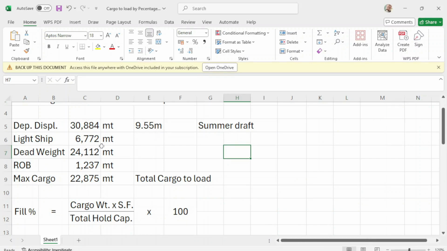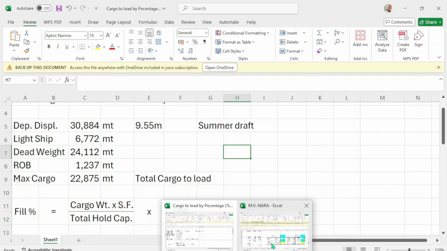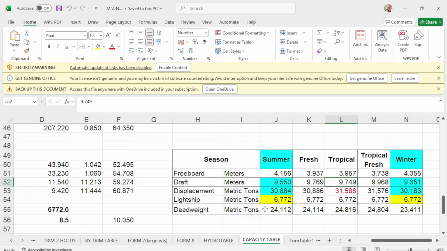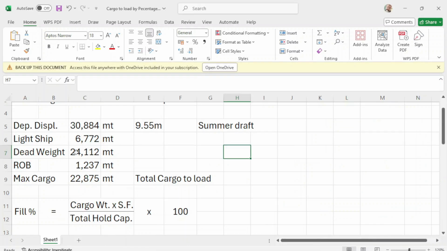And the light ship is 6,772. The displacement minus your light ship will be your deadweight.